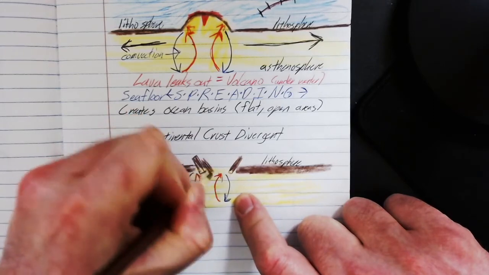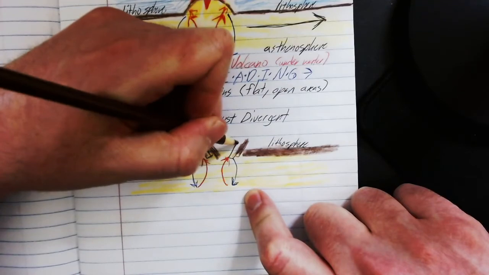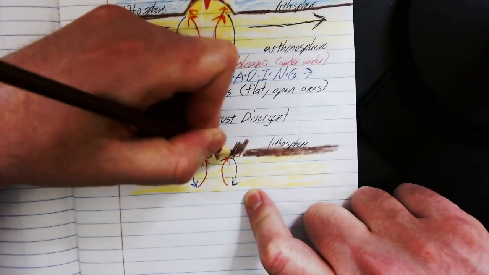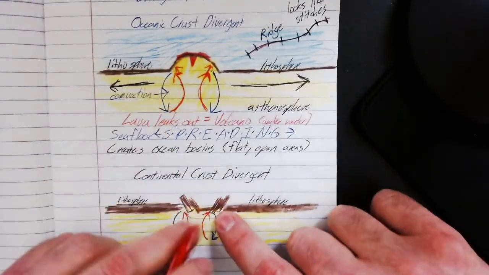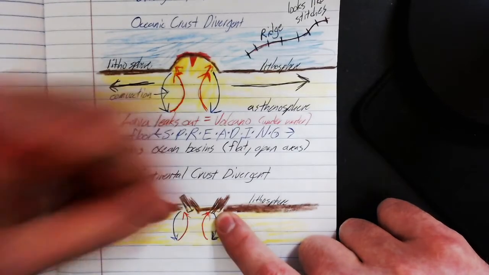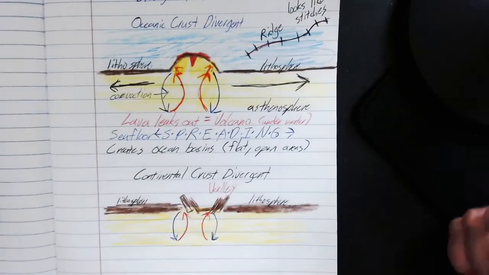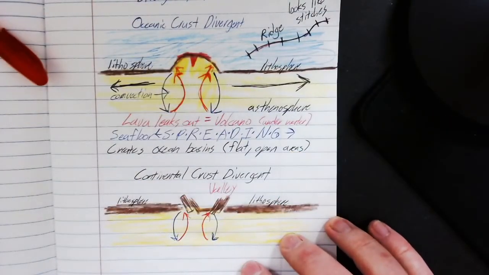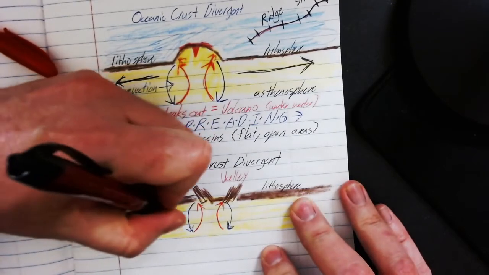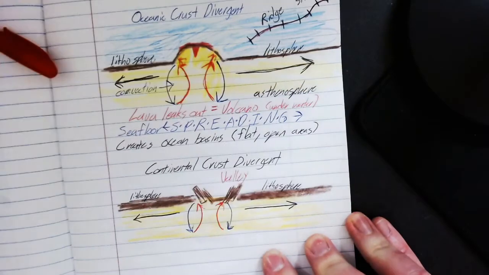And this valley has a specific name. And in this valley, it forms this hole. So it's a valley, but it's being ripped apart. So if it's being ripped apart, I need to put those arrows in. It's being ripped apart, just like before.